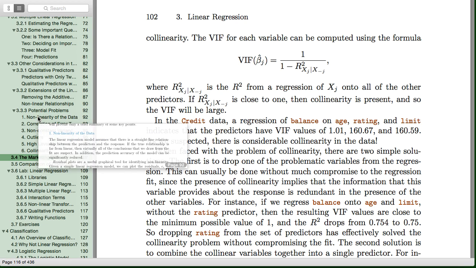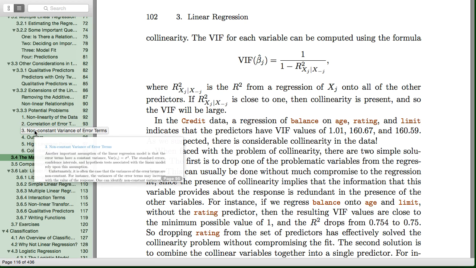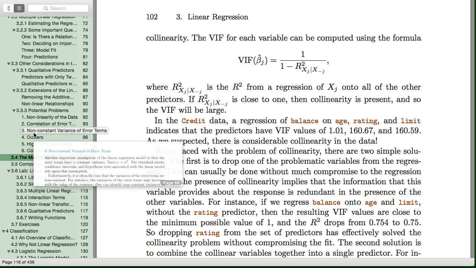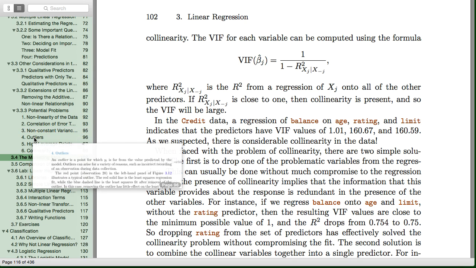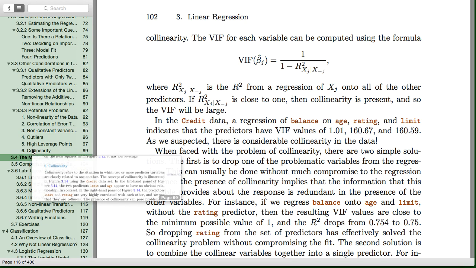And then we talked about the 6 potential problems: that the data is nonlinear, that there's a correlation between the error terms, that there's heteroscedasticity present, non-constant variance, that there are issues with outliers, and with outliers that have a tremendous influence, and then finally collinearity.